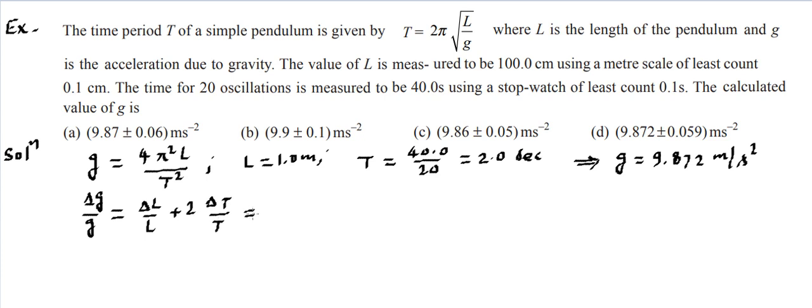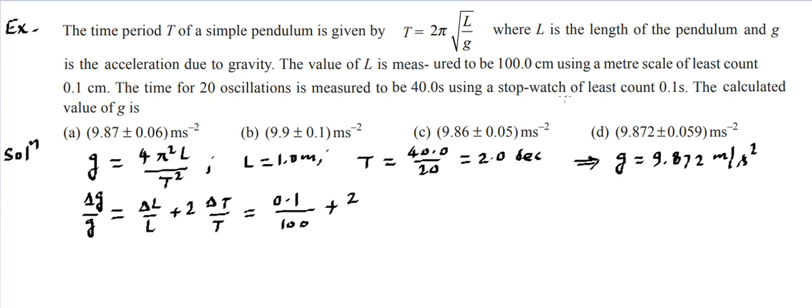Now we can put the value of delta L. What is the value of delta L? We can find over here 0.1 centimeter. And what is L? This is 100 centimeter, because writing in the same unit will work. So it's going to be 0.1 centimeter divided by 100 centimeter plus 2 times delta T. What is delta T?